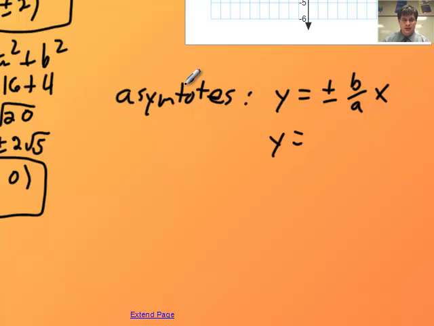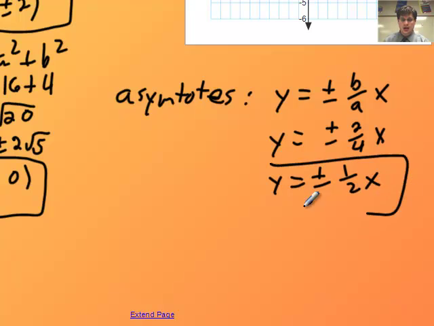So our b value is 2 and a is 4, so plus or minus 2 over 4x, which reduces to plus or minus 1/2 x, okay? And that's going to be our asymptotes, and I should box that in.